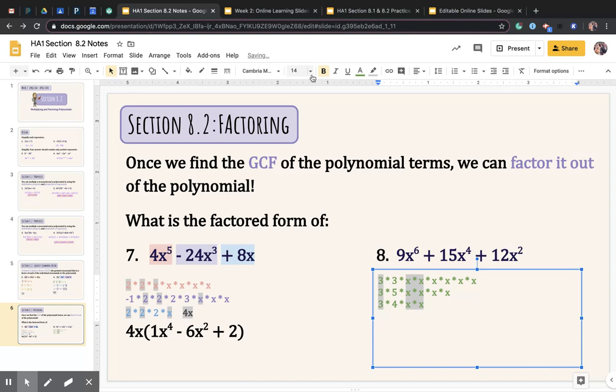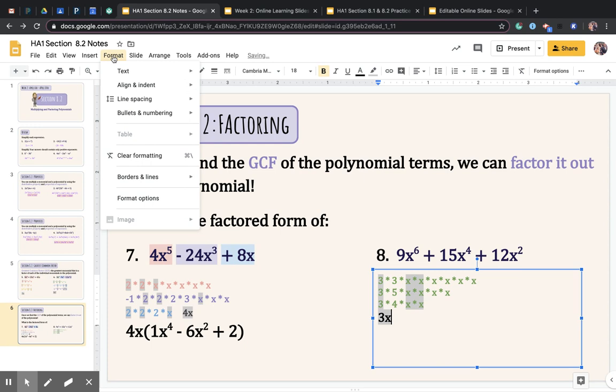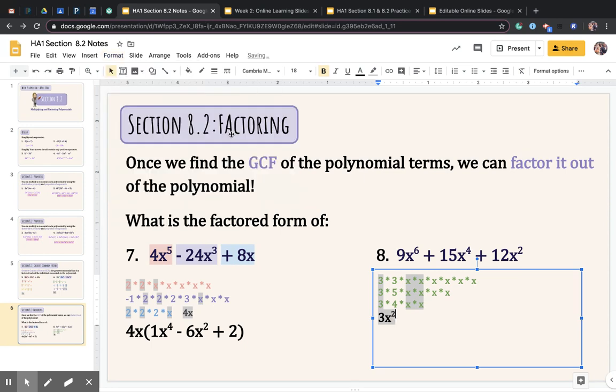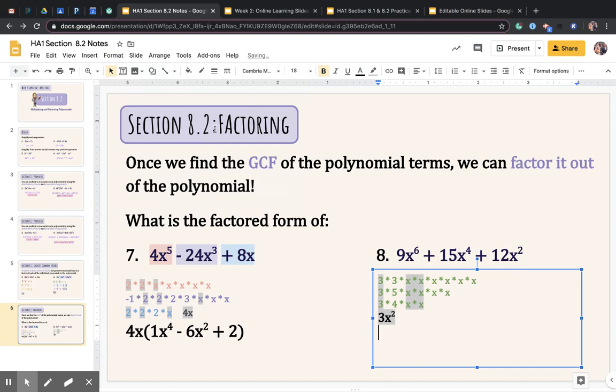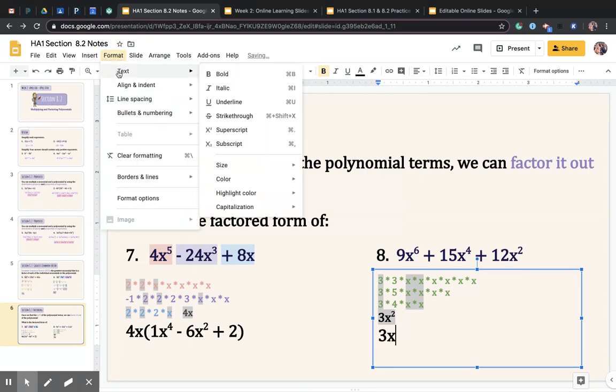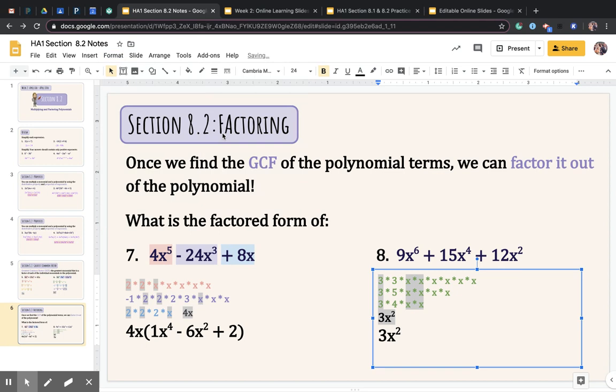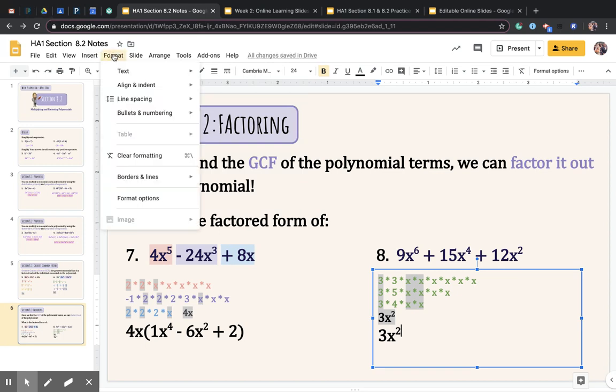So I can pull out, I'll write this bigger, maybe I'll make it black, 3x, and then if I format it, it's going to be x squared because there's 2 of them. So what does that look like as our final answer? I'm going to have 3x squared as the number on the outside.